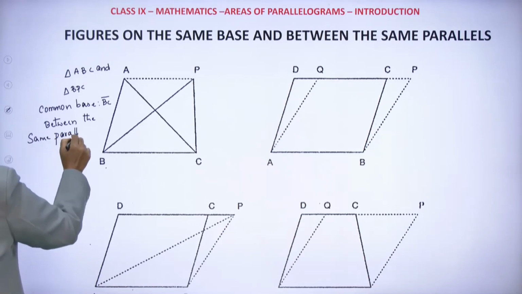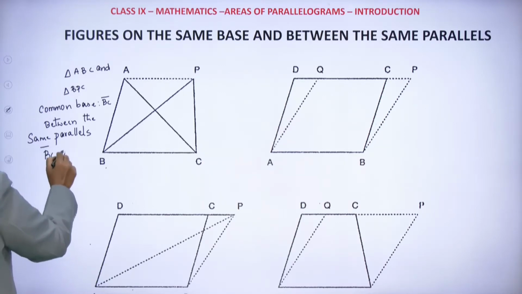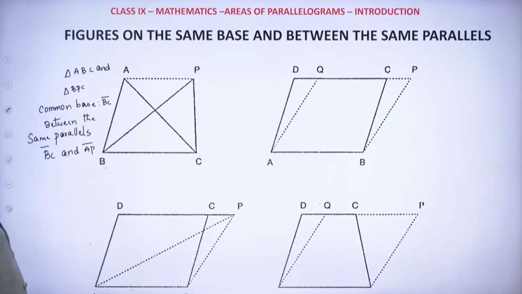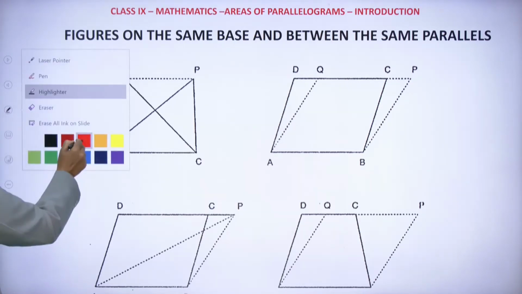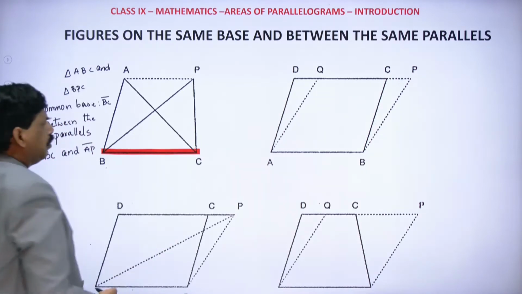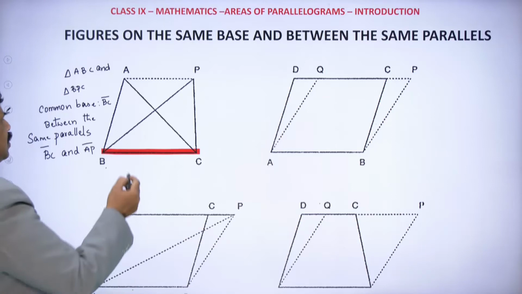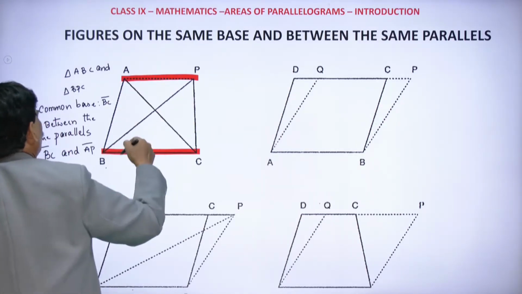Can you say now? BC and AP. Between the same parallels BC and AP here. Is it clear? So now let us say this is the common base for both the triangles. And what are the two parallels? See, this is one parallel and these two are parallel to each other. Correct?